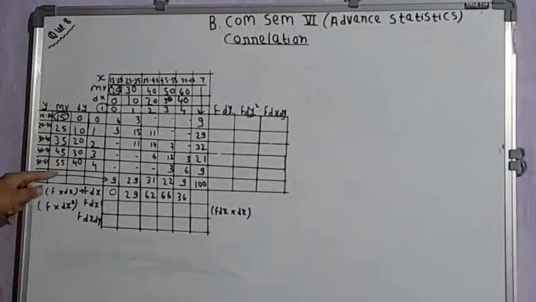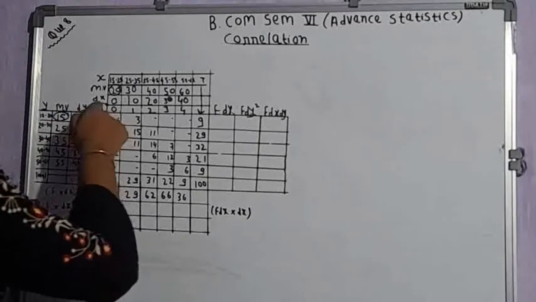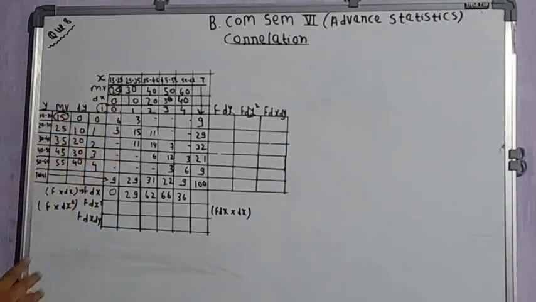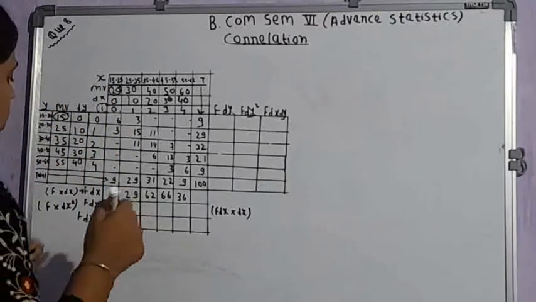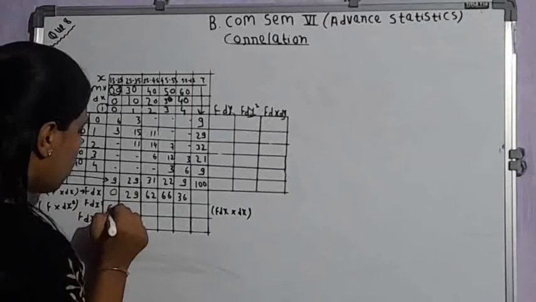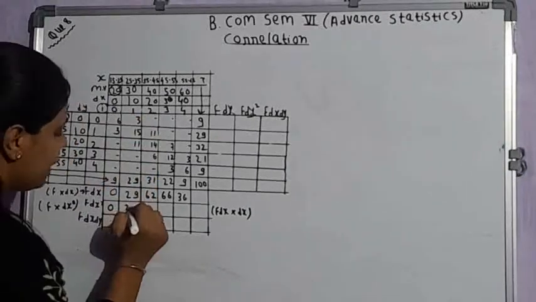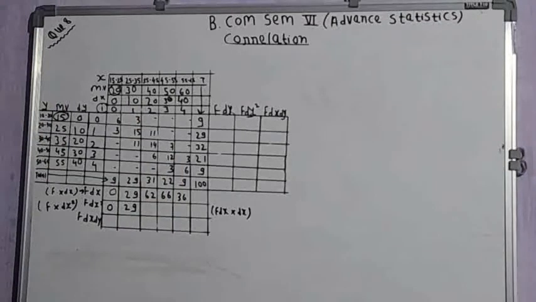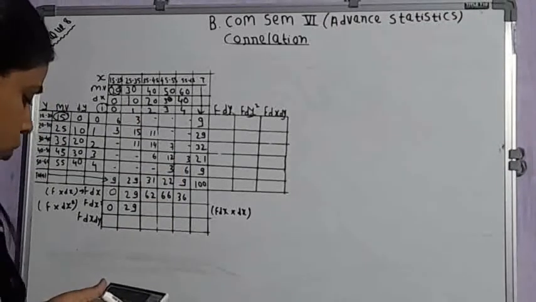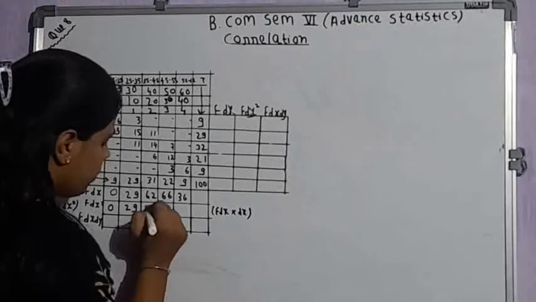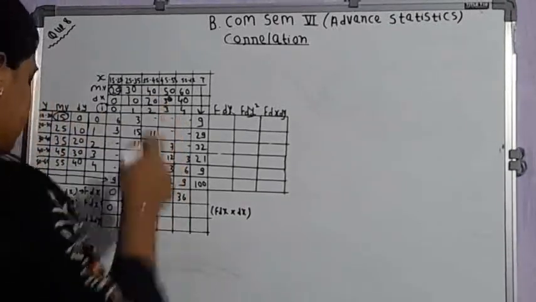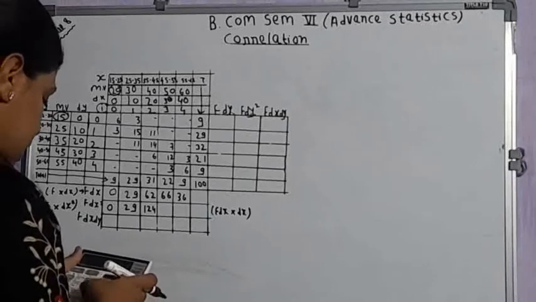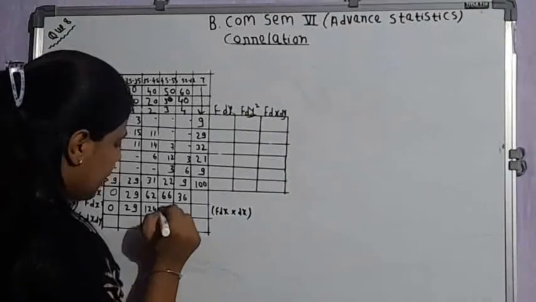So here we have the values of the f dx column. We have to multiply it by dx. We are going to take this I column as dx at every place. So 0 into 0, 0. 29 into 1, 29. Then 62 into 2, 124. 66 into 3, 198.